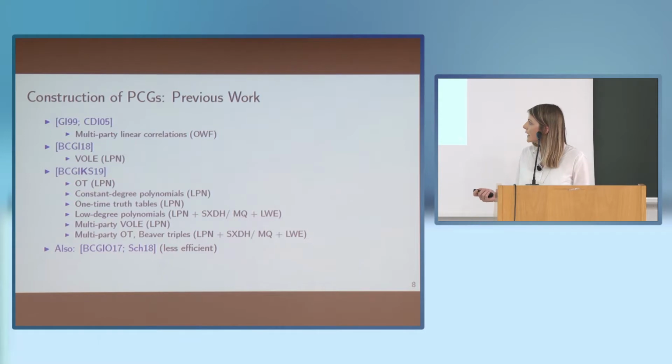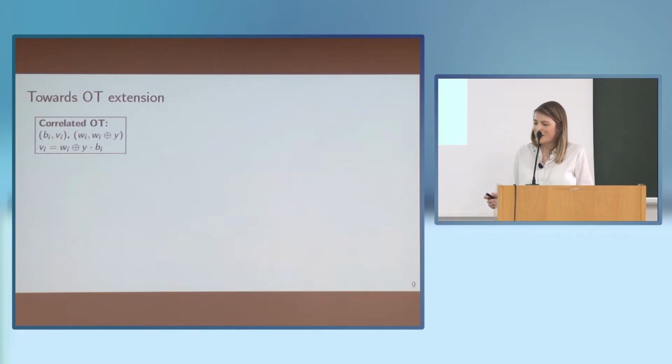This will actually appear at Crypto this year, with a subset of the authors from this talk. What I want to focus on today is explaining an improvement of the OT construction of this paper, which is the first to give the 2-round efficient OT extension.